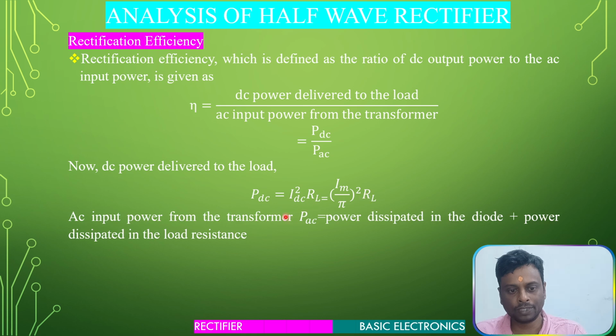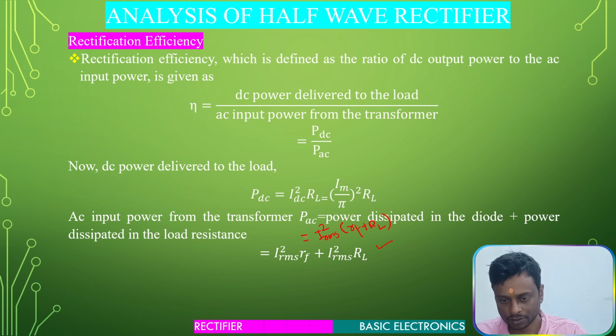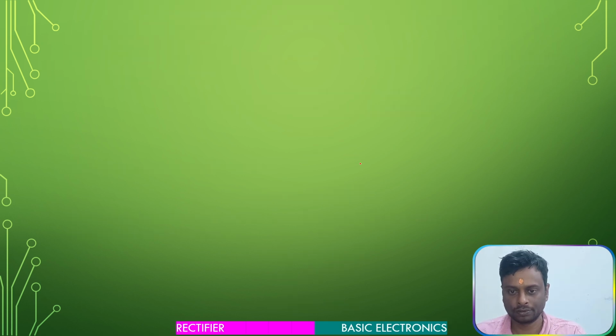Similarly, the input power from the transformer is the power dissipated in the diode plus the power dissipated in the load resistance. So it will be I RMS squared into (R f plus R L). Let us divide both to get P DC divided by P AC.